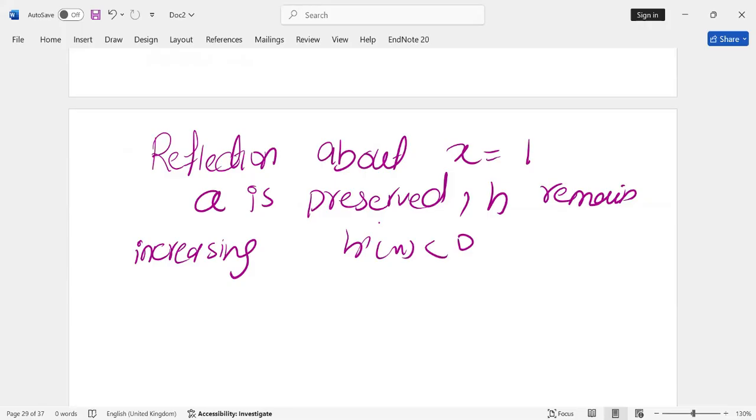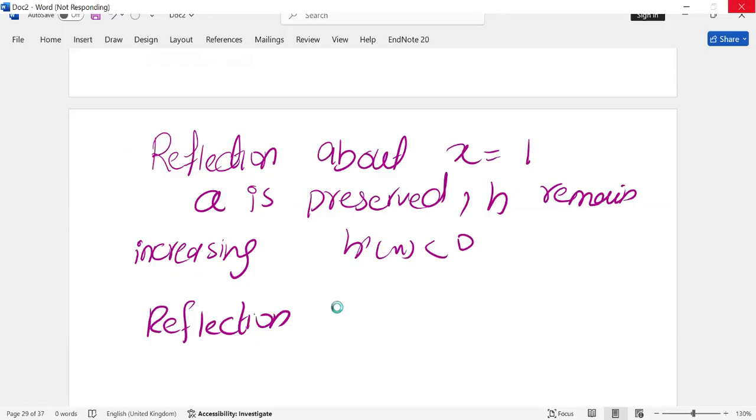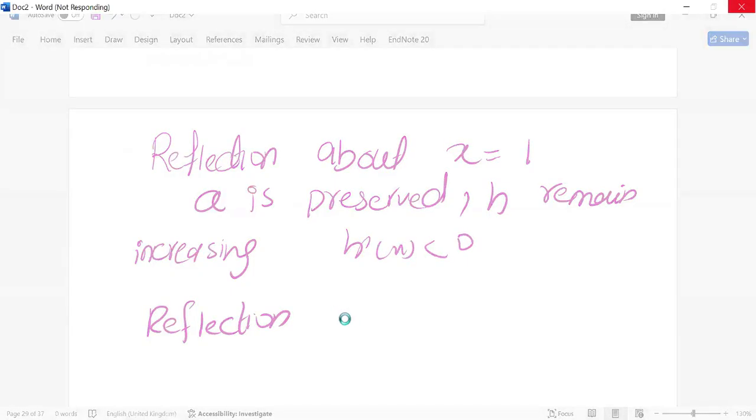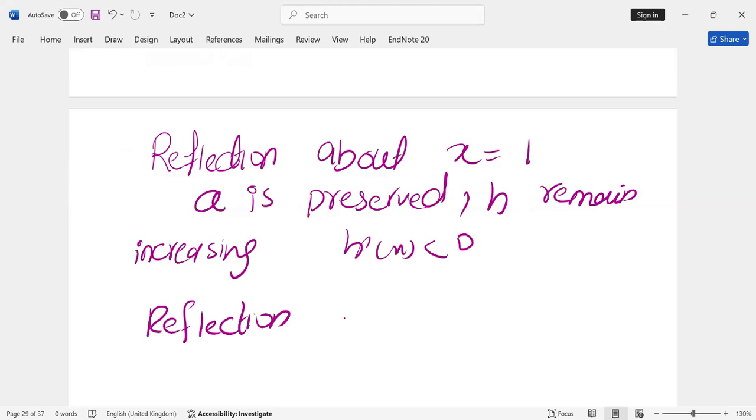Okay. So the third is reflection about the line y equals to minus x, about y equals to minus x plus c. So this keeps the asymptote but changes a. Okay.